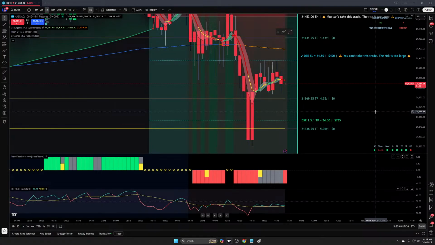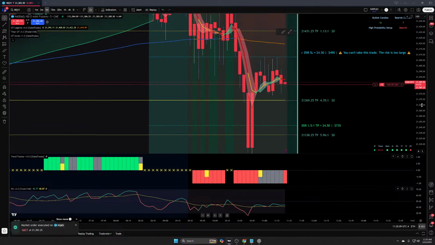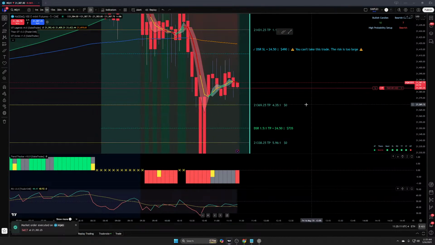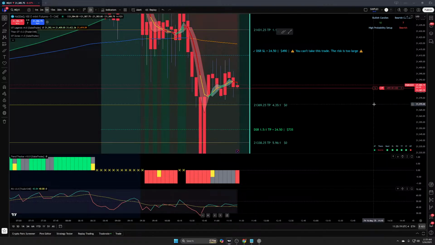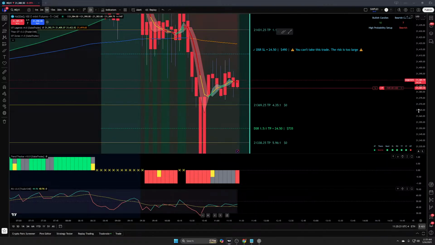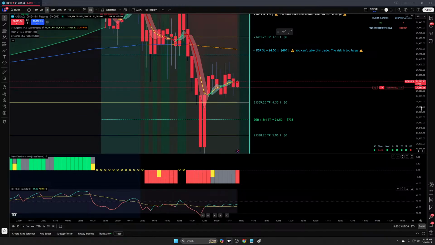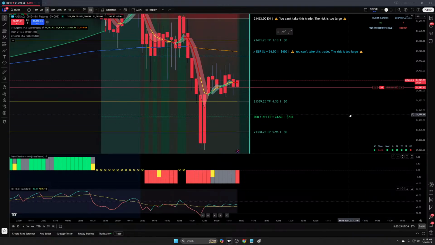Okay. Now, what do we have? Also here, we have the band that was red. The strength is still below 50. I don't know why I defaulted to 7 contracts. This is dumb.